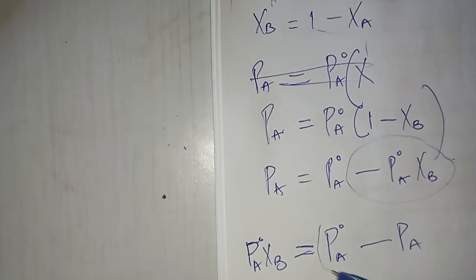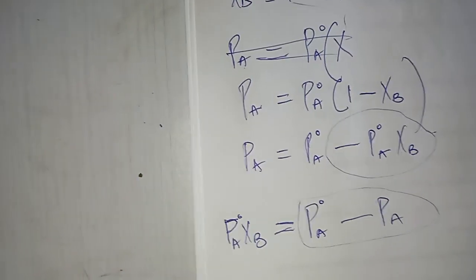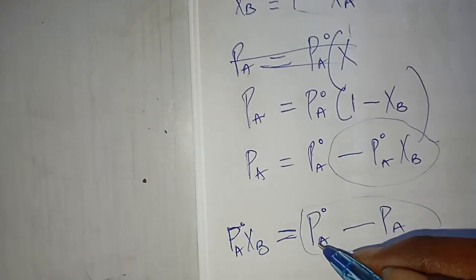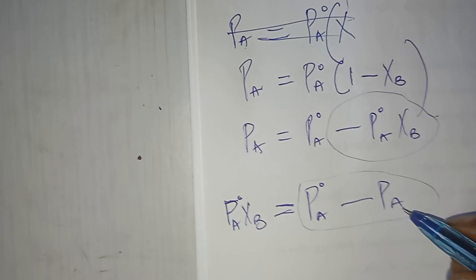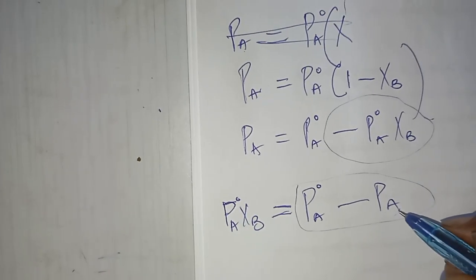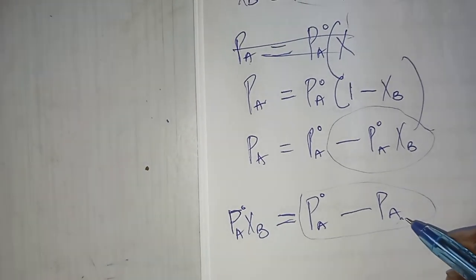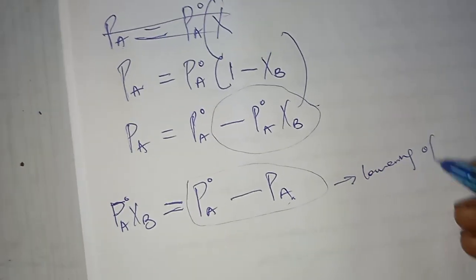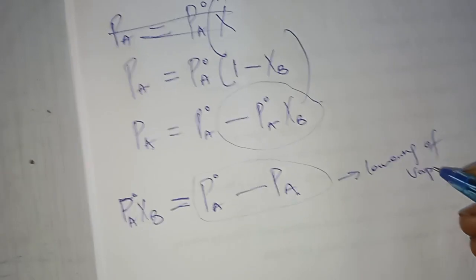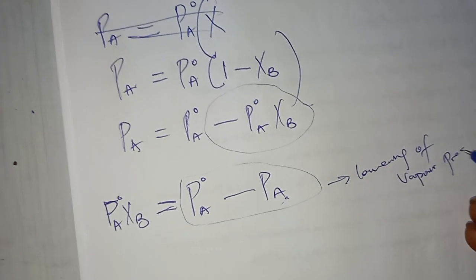This particular thing you see here, when we are doing colligative property, anytime we have pure vapor pressure minus vapor pressure of a solute, or the normal vapor pressure due to the solution, this is what we call lowering of vapor pressure.